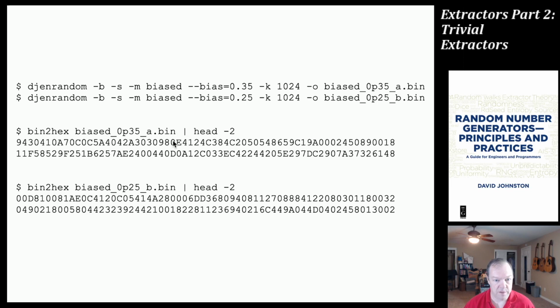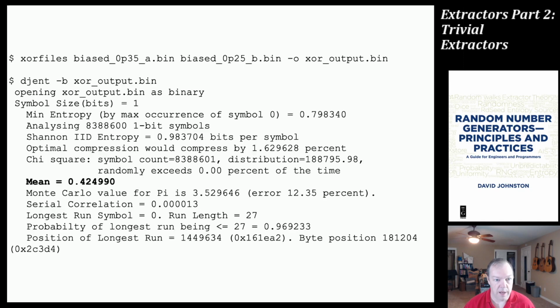So this is because the data is biased, and more so here, it is more biased. It's down at 0.25 instead of 0.35 in the other file. We'll then XOR those 2 files together bitwise. So I wrote a program called XOR Files, which takes in 2 inputs and outputs a file of the same size, which is the XOR of the 2 files.